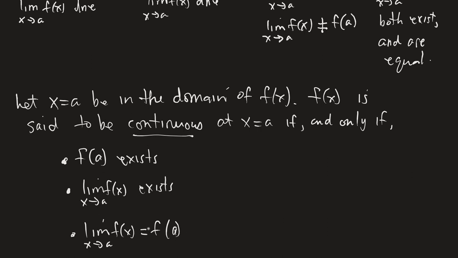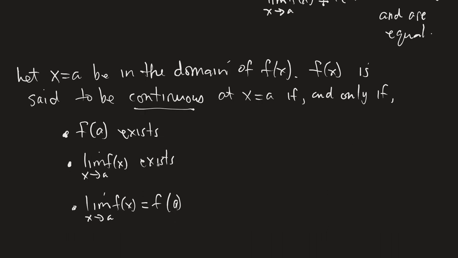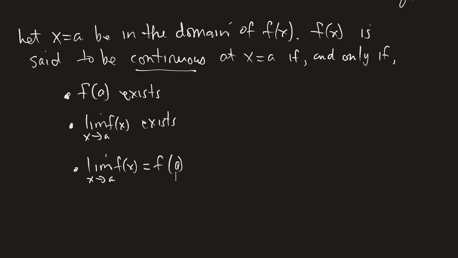So if these three things occur, then we say the function is continuous at that specific point, right? So it's referring to a specific point. What is happening at a? Now, we can extend it, and we will do that in a second. So this is the definition of continuity.